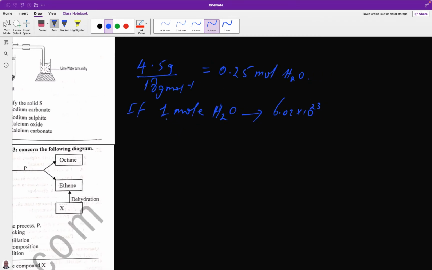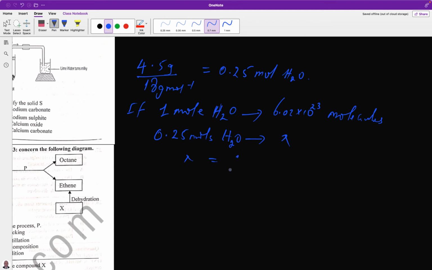If 1 mole of water can give 6.02 times 10 to the 23rd molecules, then the mass that was given, that has been converted to moles, 0.25 moles of water, will give X. And what will be X? X will be found by cross multiplying.